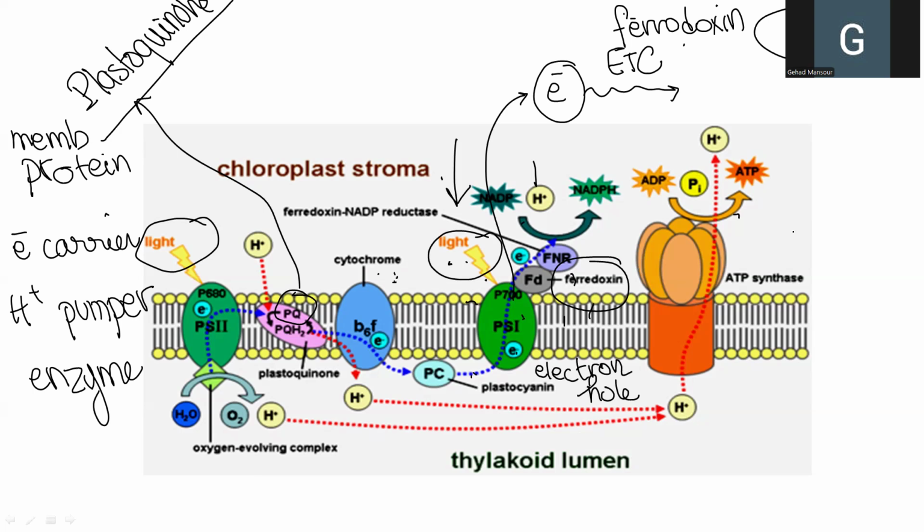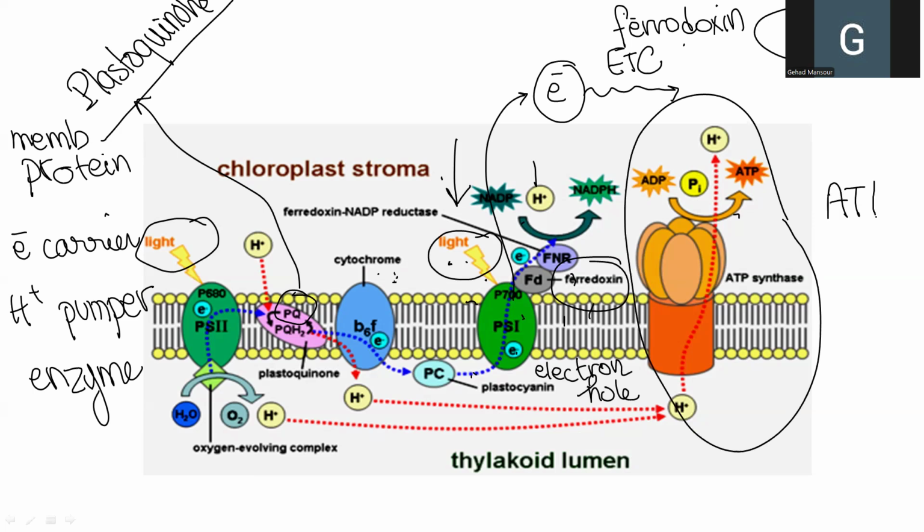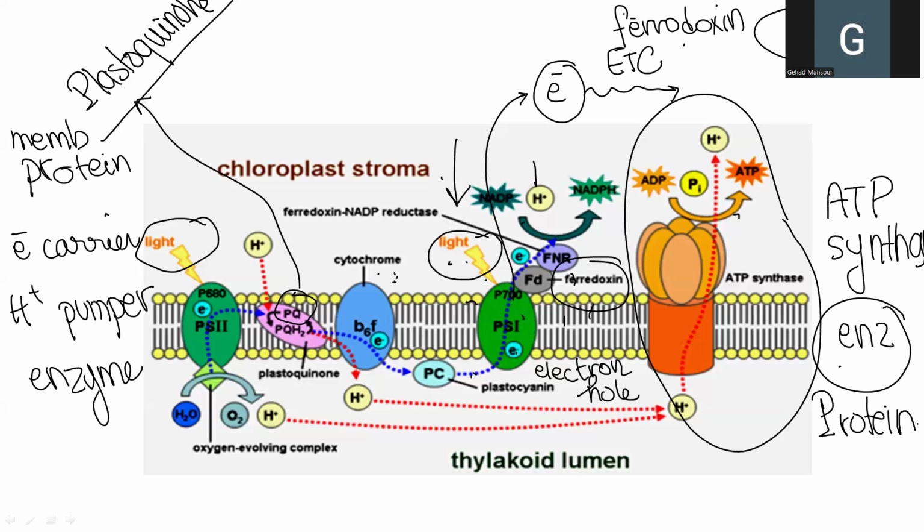What happens afterwards is something very important, which is the presence of this very special molecule that is called the ATP synthase. As its name indicates, ATP synthase is an enzyme that catalyzes the synthesis of ATP. And as you know previously, all enzymes are protein in nature.